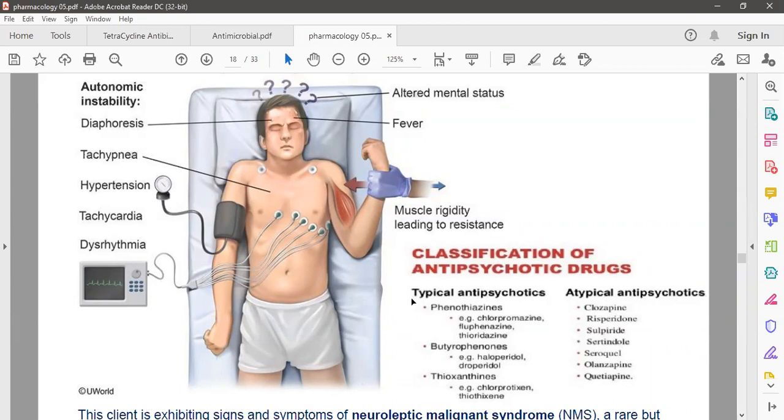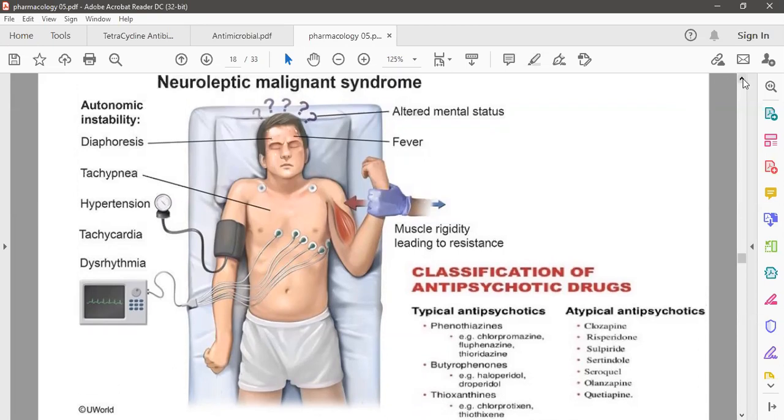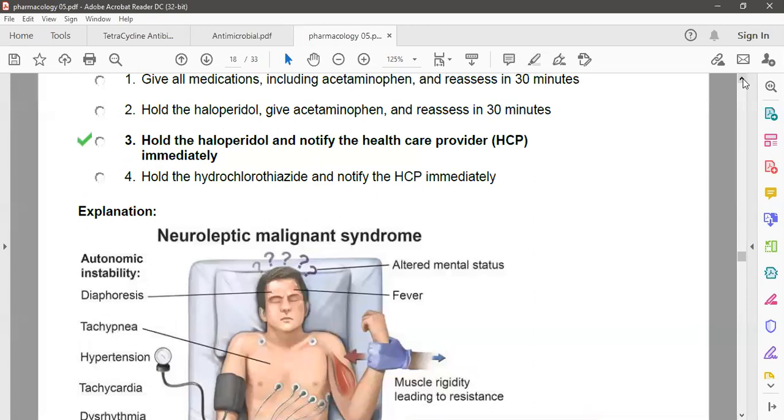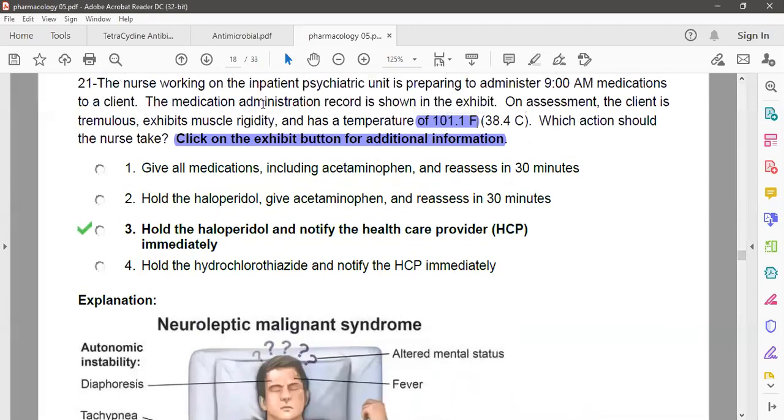This patient develops signs and symptoms like increased body temperature, and here in the question they said muscle rigidity and tremulousness, right?